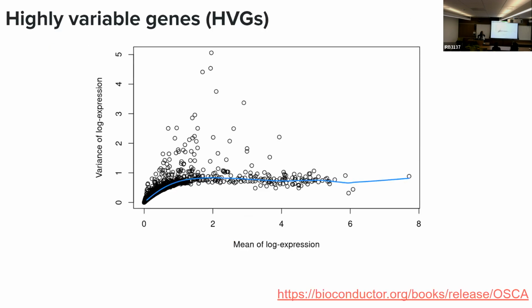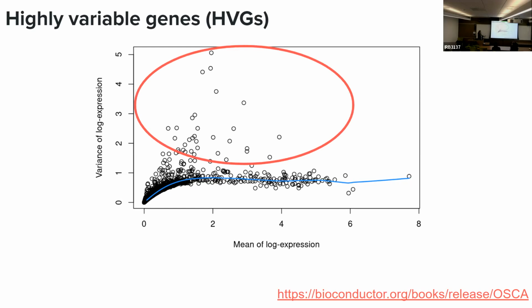If you're familiar with the world of single cell, one feature selection method is called highly variable genes, and the idea is to fit the mean variance relationship for each individual gene across all the cells, and you try to figure out the genes that are distant from this blue line, for example.